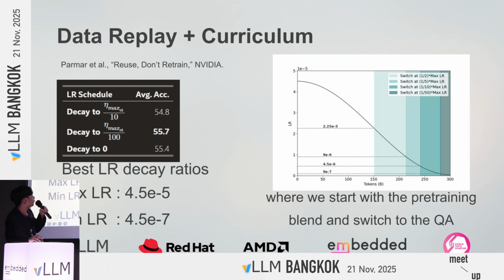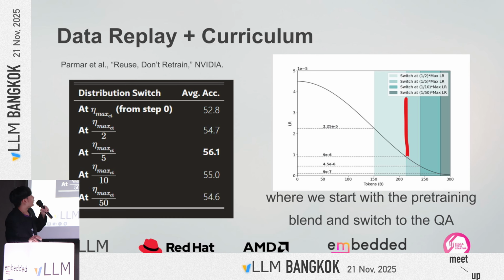And the right one, what is the right one? The right one is the important part. It is where we start with the pre-train blend and switch to the QA blend. This paper uses the LR scheduler as a target to point out which LR you need to switch at.